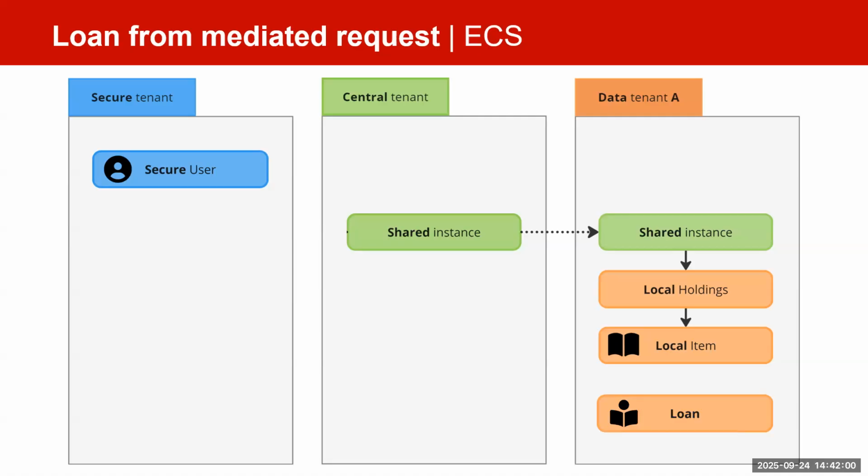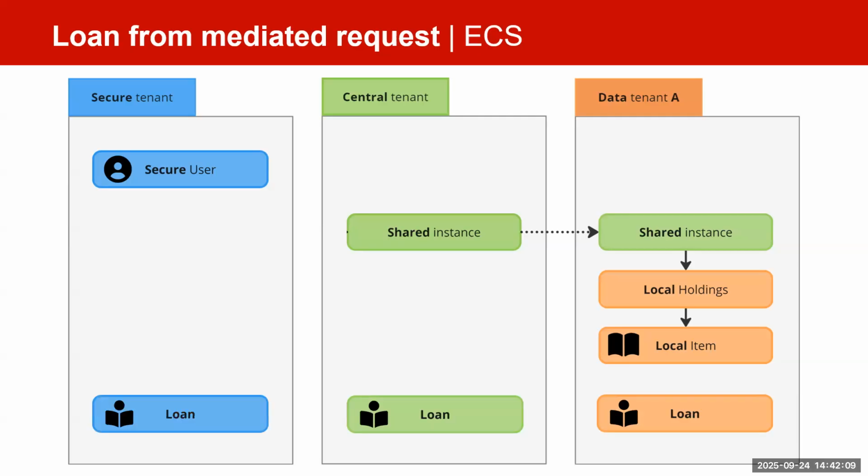At that point, once the loan starts, it would create a loan in that member tenant. It would create a loan in the central tenant, and it would create a third loan, in this case in the secure tenant or the other member tenant.